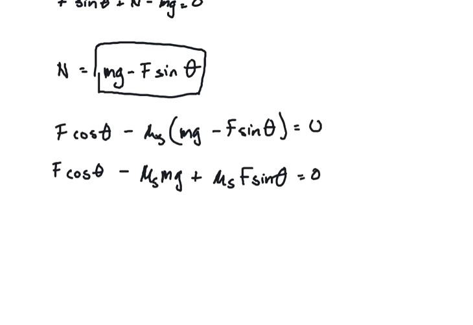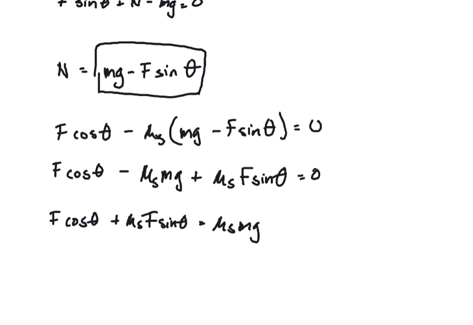All right, and I'm trying to get f by itself. So this term in the middle here is the only one that has no f. So I'm going to add this to the other side to get rid of it. I'm trying to group the f's. And if I add it, it's going to get positive over there.